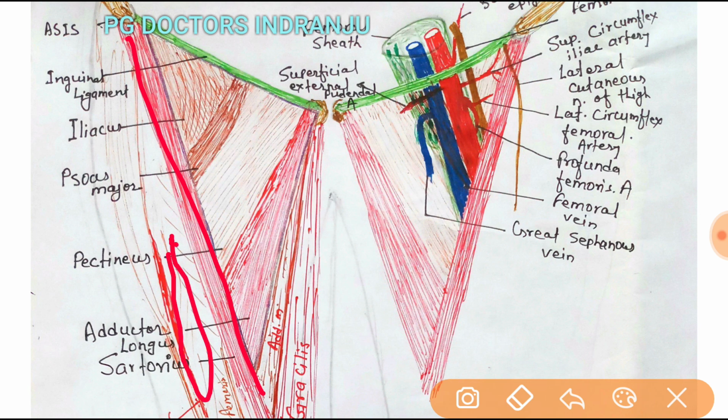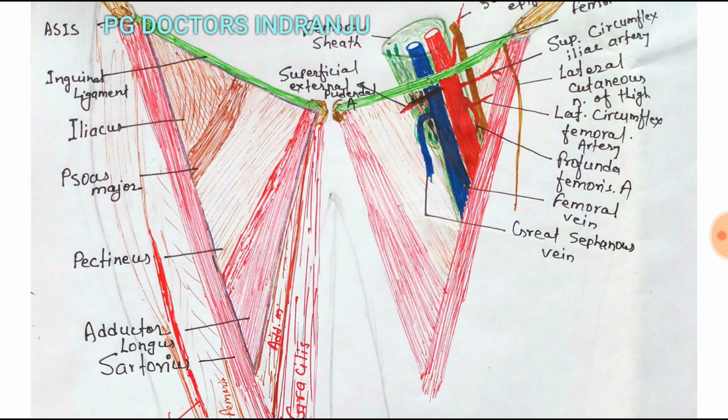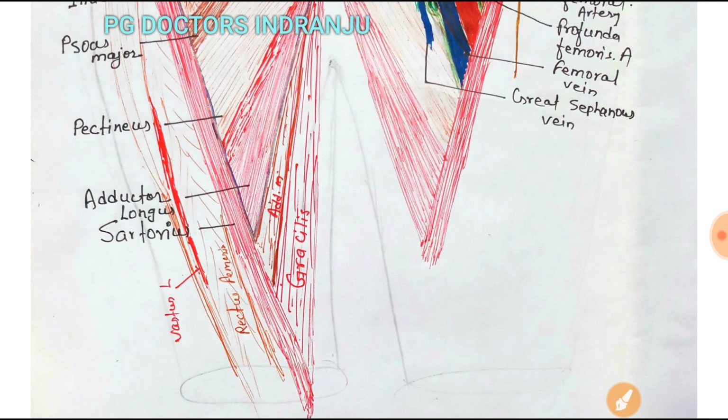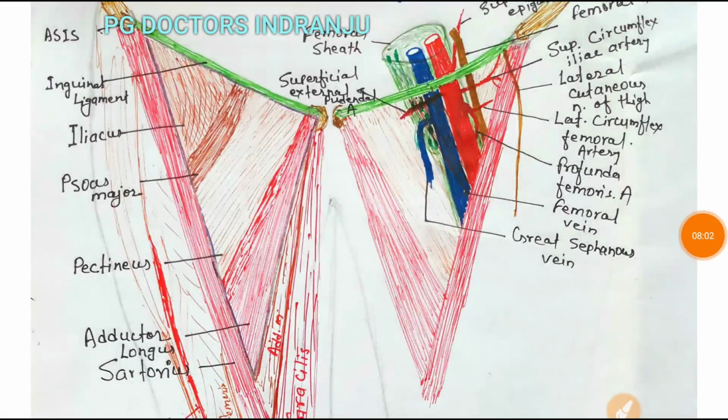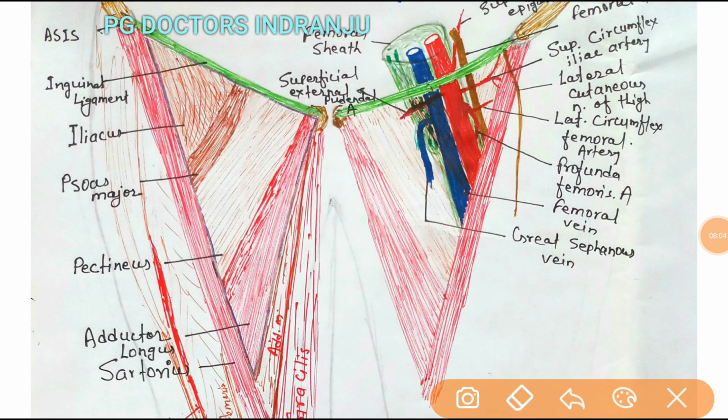After that, behind the rectus femoris, the vastus muscles, that means vastus lateralis, intermedius and medialis, are situated, and lateral to that, this structure is called the tensor fascia lata.